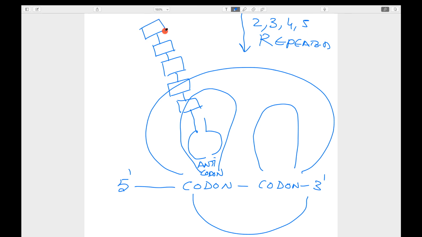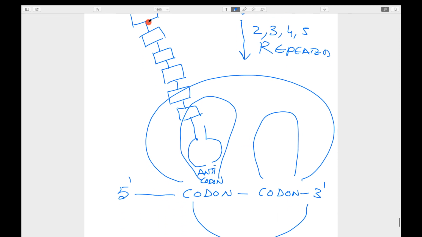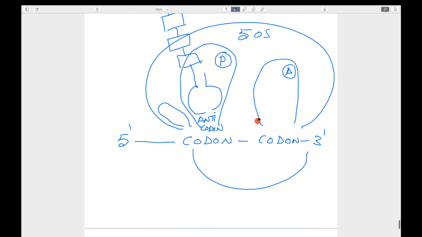At the last it is formyl methionine. Then we have this exit site. This is P site, this is A site. This is 50S, this is 30S. Now, the next phase of translation takes place, that is termination.